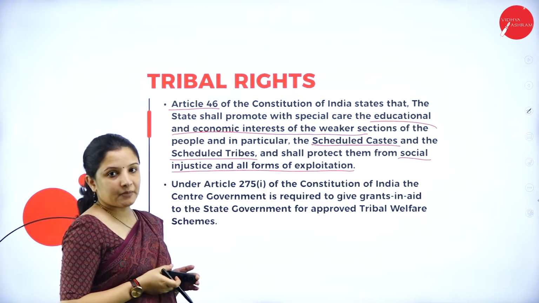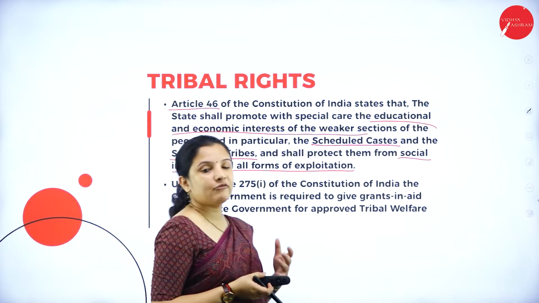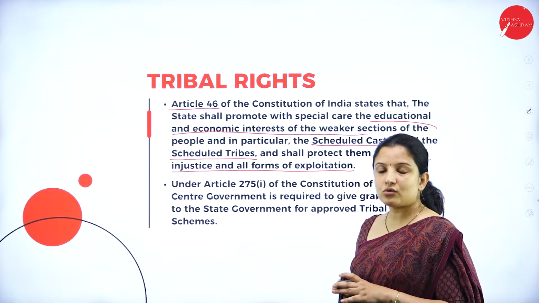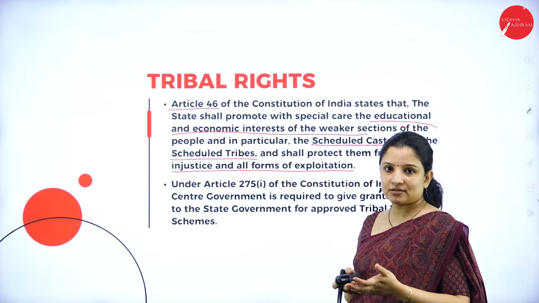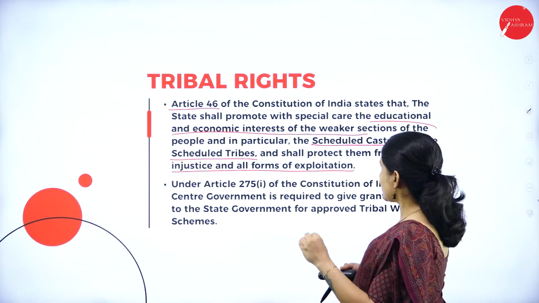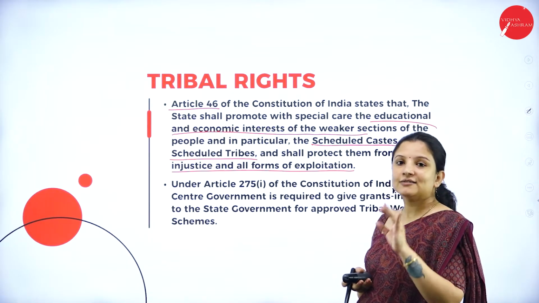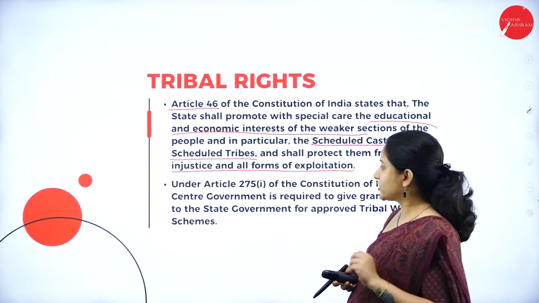So tribal people, as I told you, don't have much knowledge about the outside world, so they are subjected to a lot of injustice. So separate rules and regulations have been made so that these people are given proper justice.